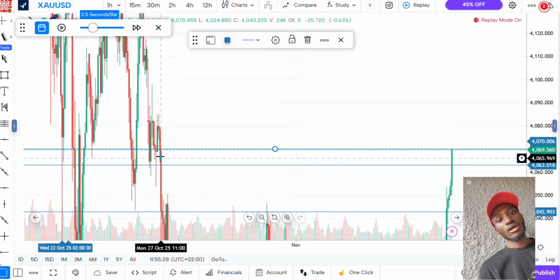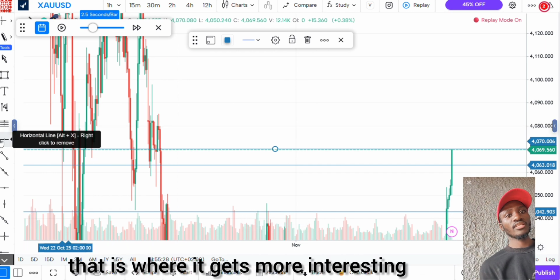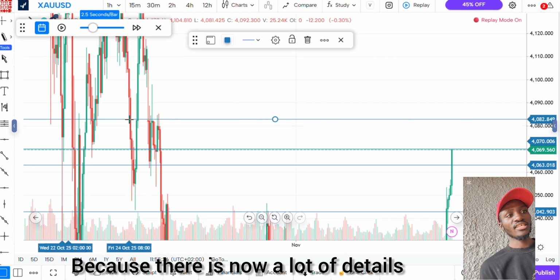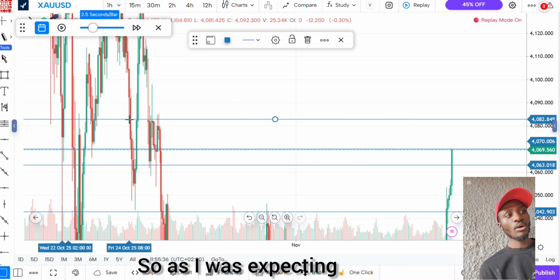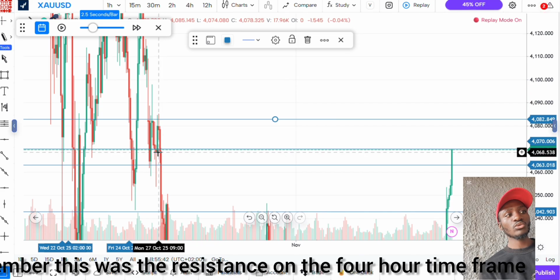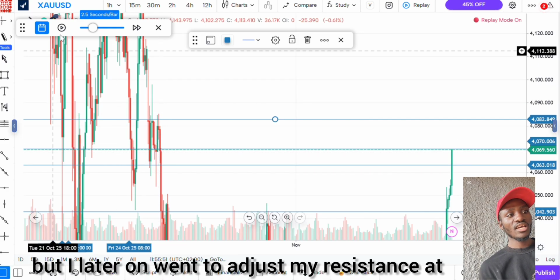Now going down to the 1-hour time frame, that is where it gets more interesting. Why? Because there are now a lot of details. Remember, this was the resistance on the 4-hour time frame, but I later went to adjust my resistance.